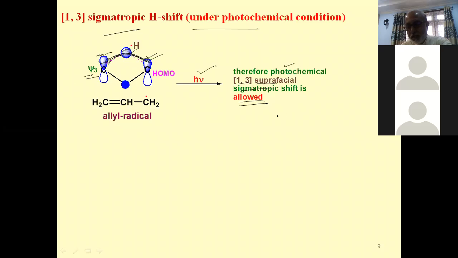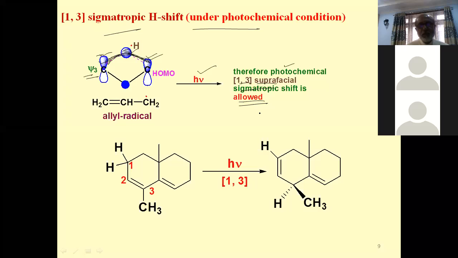If it is allowed, let us have an example here. This is an example where we have it. You see, this one quickly takes place. Suppose this is the reactant. Now here this is 1, 2, 3, and this bond is 1, I should have given 1 here.